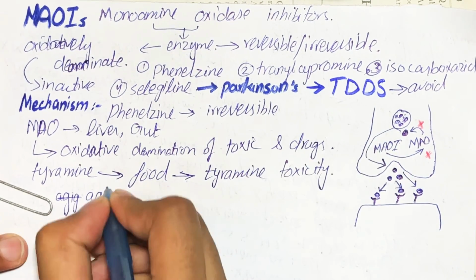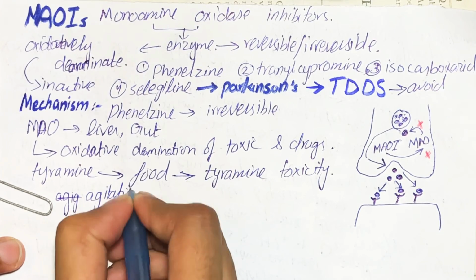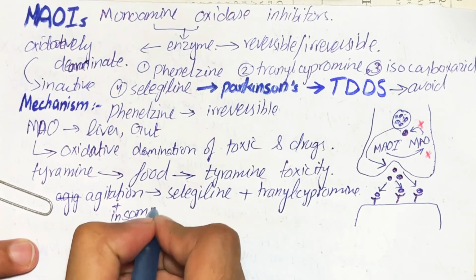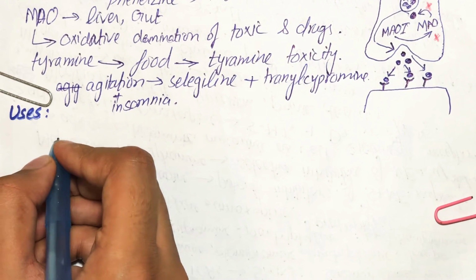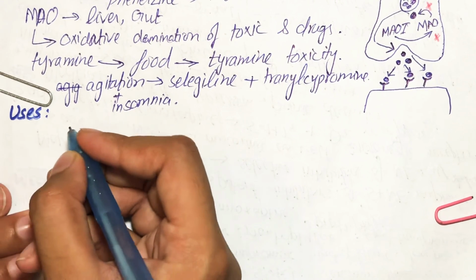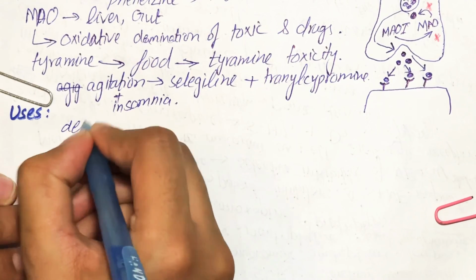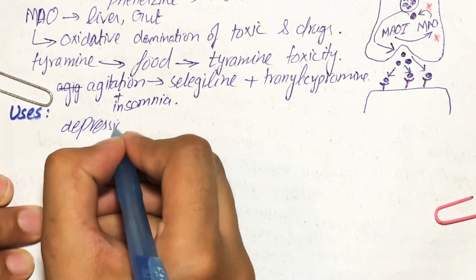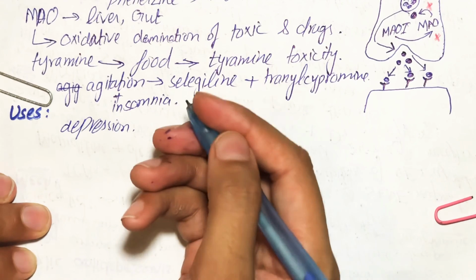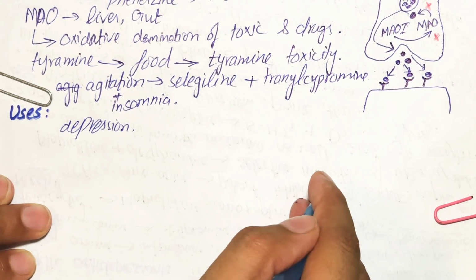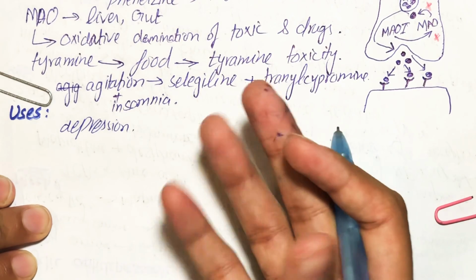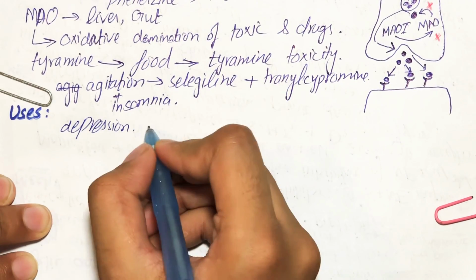Not only this, they can also cause insomnia. Uses of monoamine oxidase inhibitors include treatment of depression in patients who are unresponsive or allergic to TCAs or SSRIs, or who experience strong anxiety.